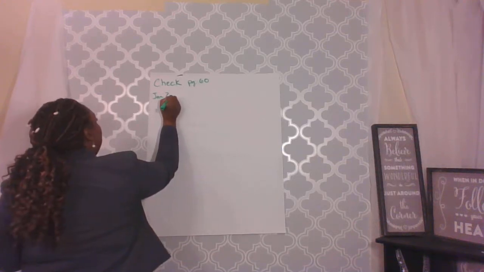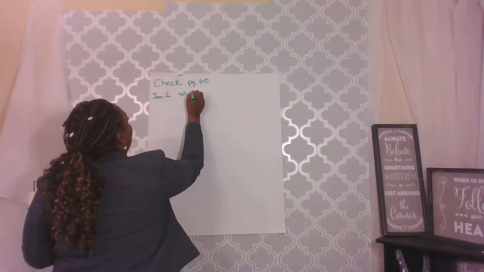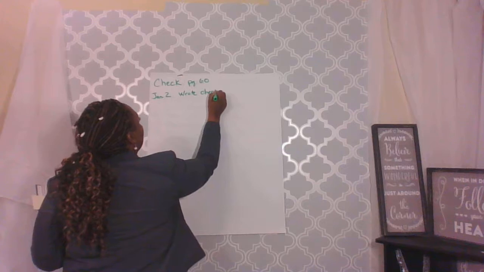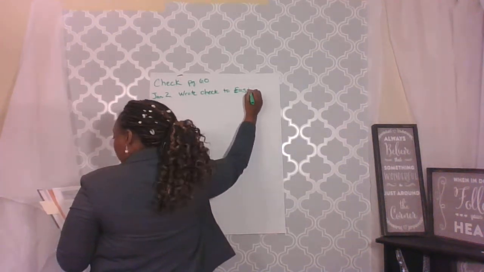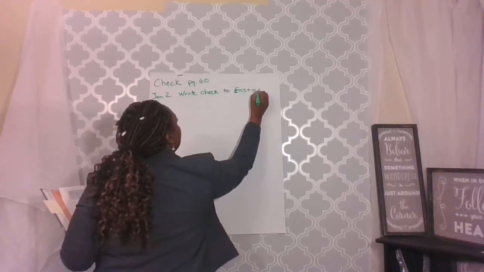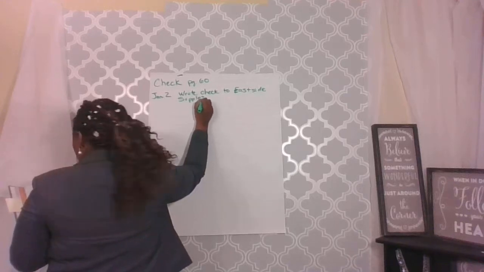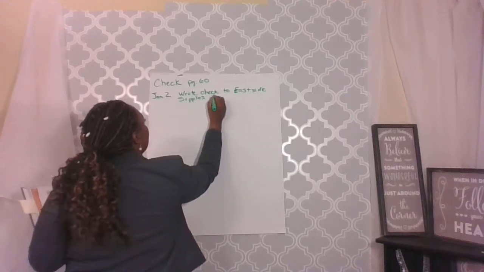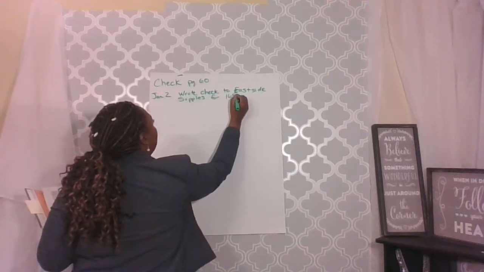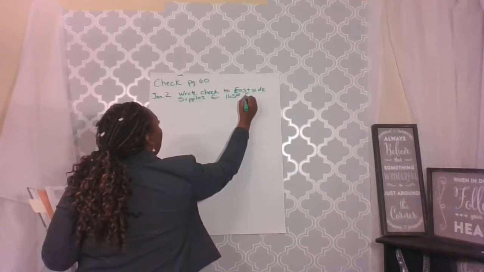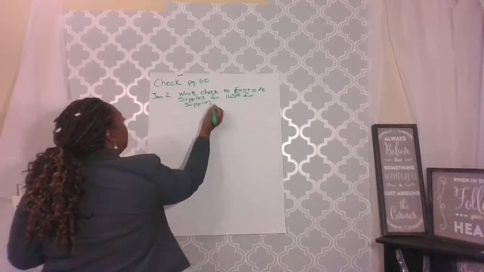January the 2nd, wrote check to Eastside Supplies for $165 for supplies.